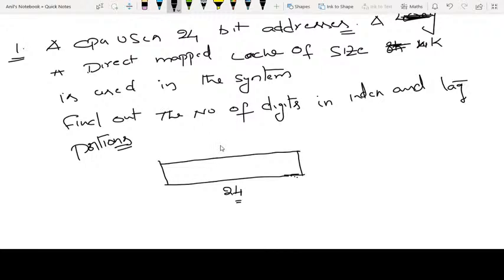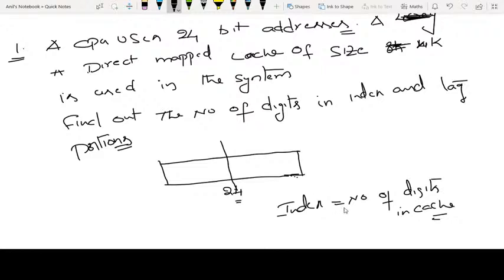This 24-bit address will have to be divided into index and tag, right? What is index here? Let us stay focused. Index is equal to the number of address digits in the cache.